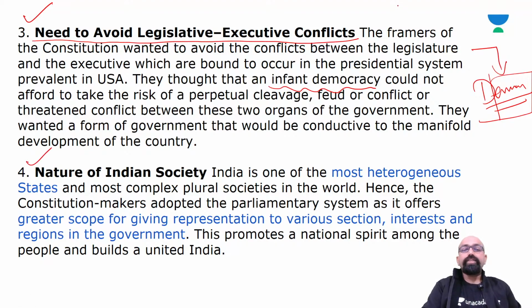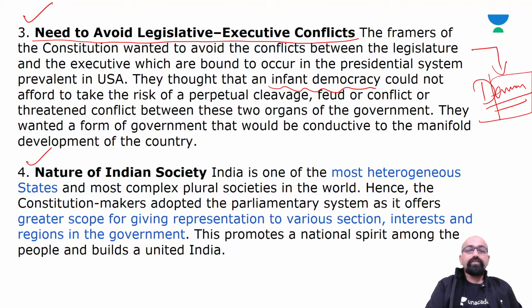Next is nature of Indian society. So India is one of the most heterogeneous states and most complex plural societies in the world. Hence the constitution makers adopted the parliamentary system as it offers greater scope for giving representation to various sections, interests, and regions in the government.